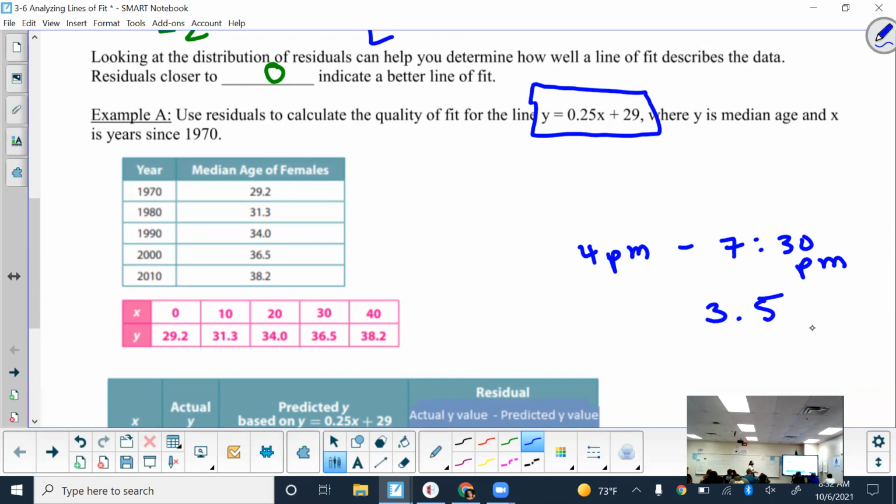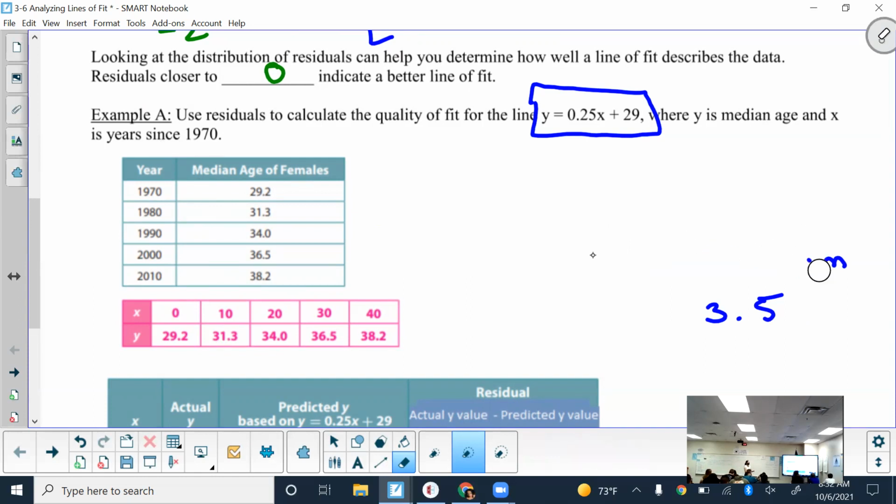Like 3.5 hours, right? So then that would be what you were inputting. So just keep that in mind, don't overthink it. If X is years since 1970, that's the math they're doing, that's how we got here. Any questions?